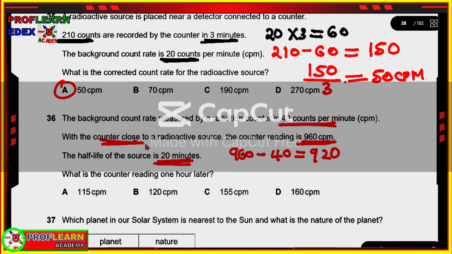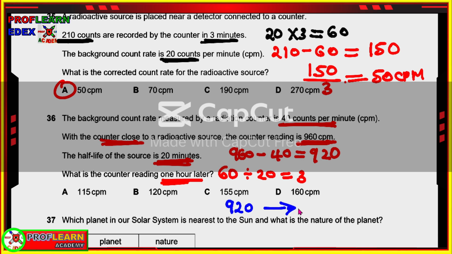Then if we are to look at it 1 hour later, it means 1 hour is actually 60 minutes, and we need to know how many half-lives are in 60 minutes, because the half-life here we are told is 20, so that is going to translate to 3 half-lives. Which means this radioactive source is going to decay 3 times. 920 divided by 2, that's the first half-life, which becomes 460.